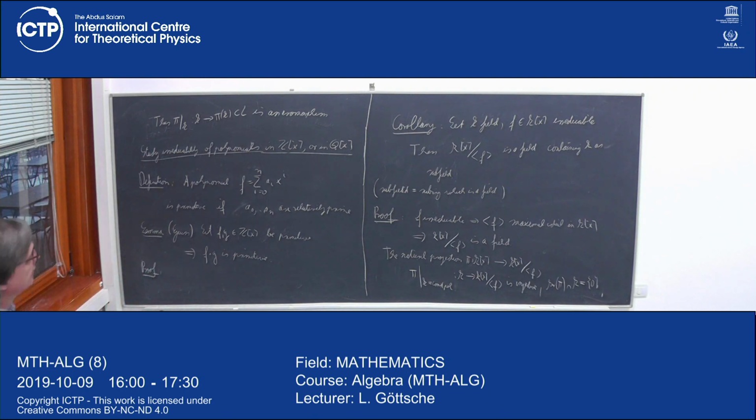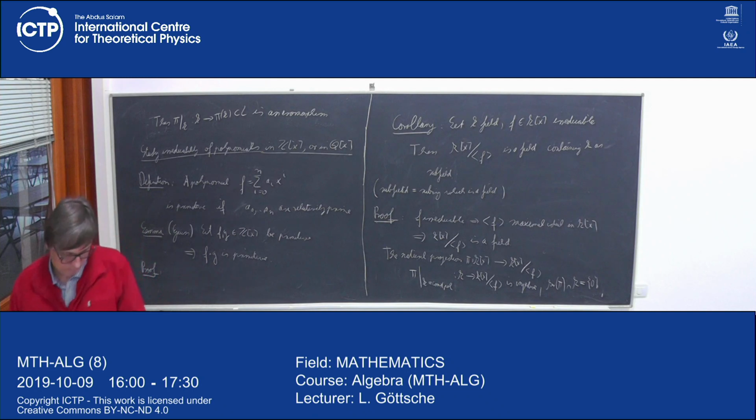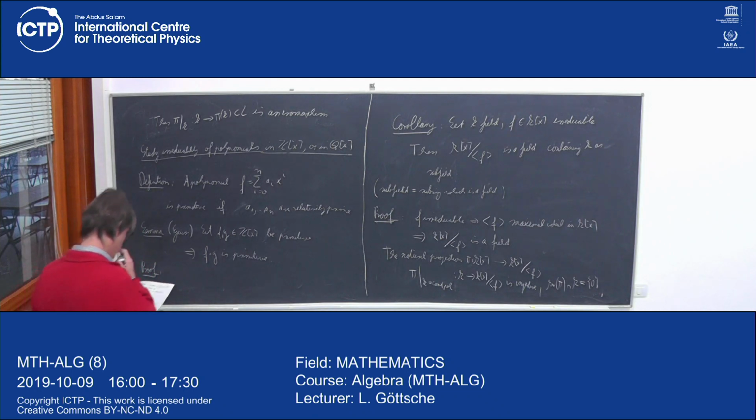So we want to see that if there's no common factor of the coefficients of f and no common factor of the coefficients of g, then also there's no common factor of the coefficients of f times g. So we write down the coefficients.